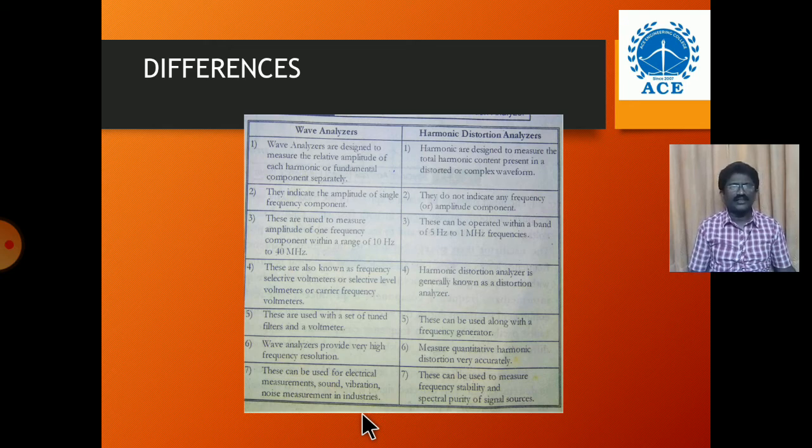So these are the differences between wave analyzer and harmonic distortion analyzer.